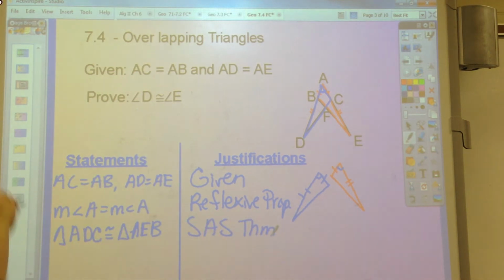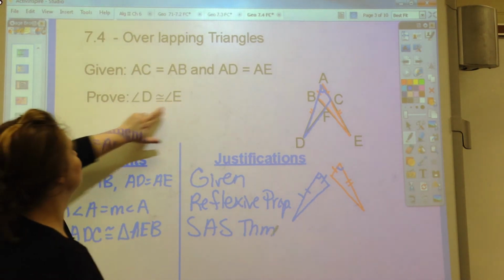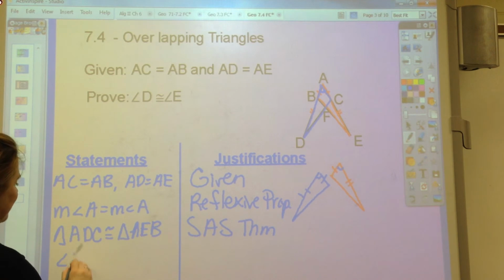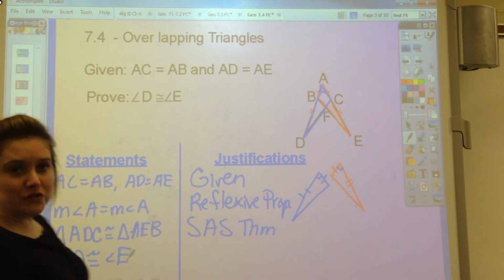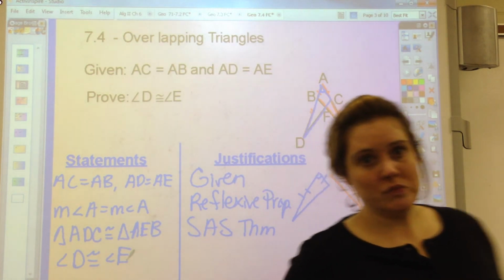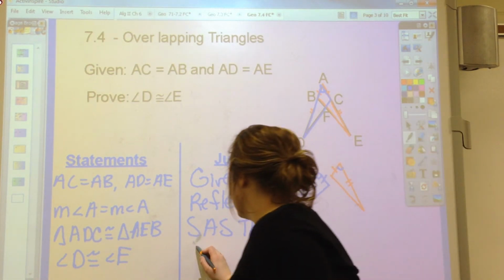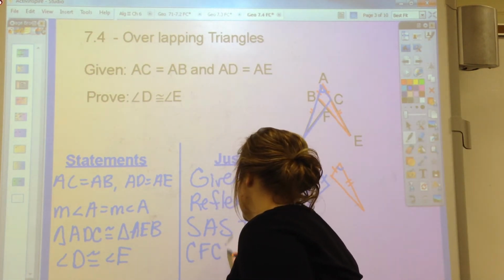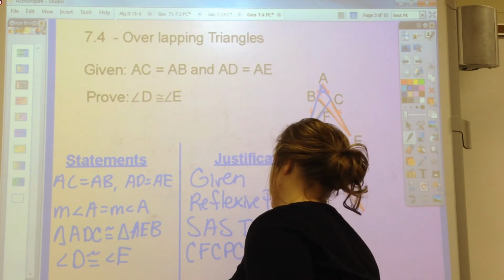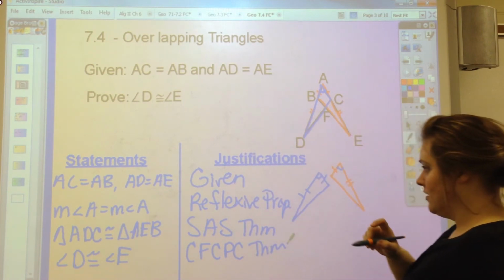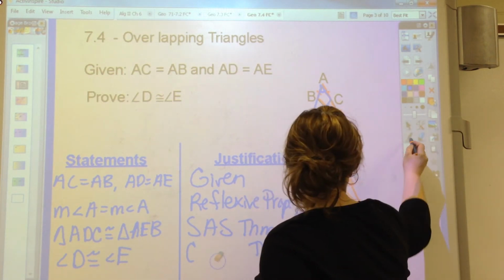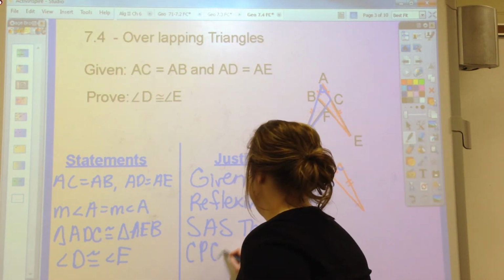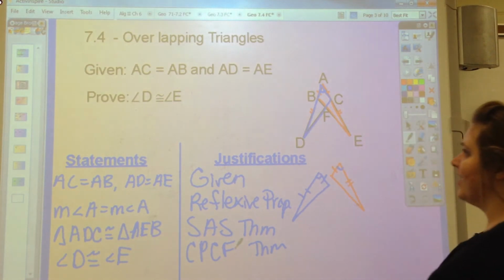And finally, now that I've shown my two triangles to be congruent to each other, now I can say that these two angles are congruent. Why is that? Well, if my two figures are congruent, their corresponding parts must be congruent. And that's because of the congruent figures implies corresponding parts are congruent theorem. CPCF theorem. There we go. Okay, done.